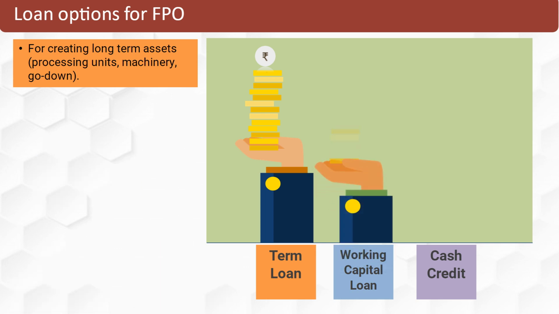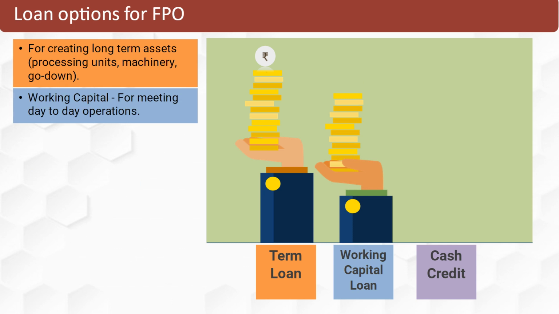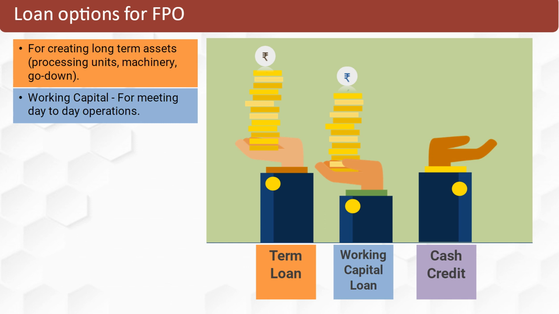Working capital or cash credit limit are for meeting day-to-day requirements of the FPO, buying raw material, operating input shops, processing units. Cash credit limit is the provision made to withdraw money beyond the approved credit limit, even if there is no balance.